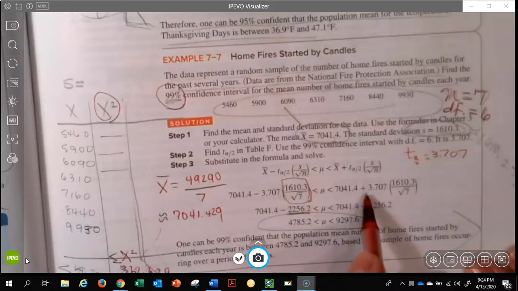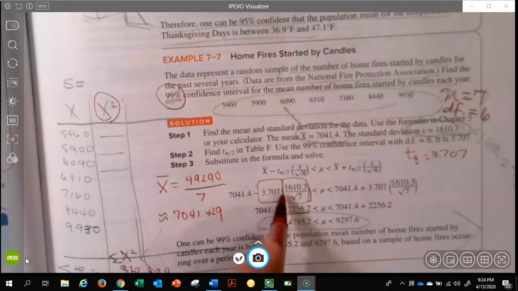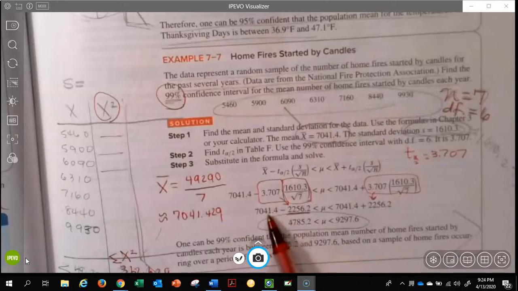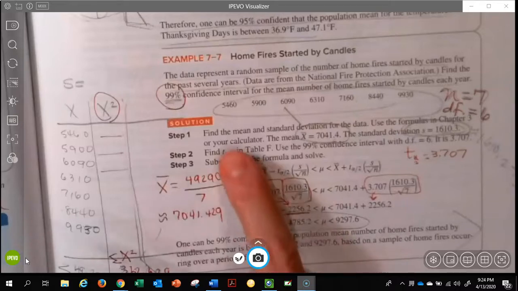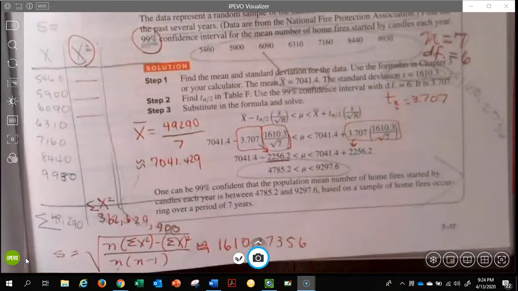And then I'm going to take the same mean, but I have to do this times my t sub alpha over 2, and I need to write all of that value down. And then same thing back here, write all of that value down. Then I'm going to subtract it on one side, add it on the other, and I get my range, is what we ultimately were looking for, this 99% confidence interval, and then they get us a finishing statement.